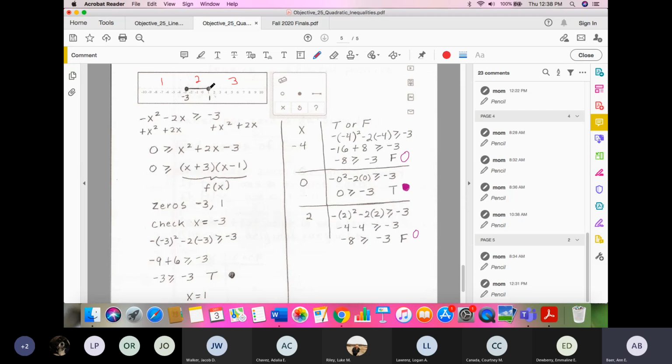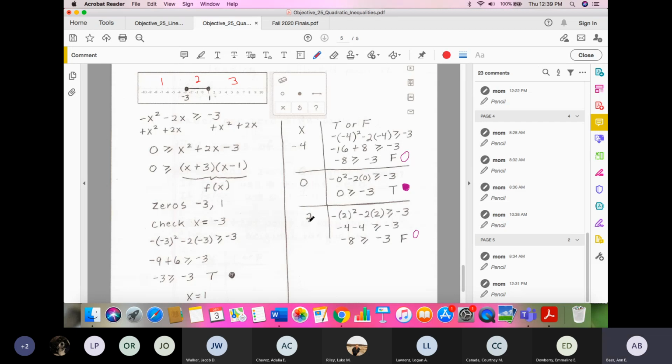We need to pick a number interior to the interval. So let's start over here, going to the left from this colored-in dot: negative 4. I put negative 4 for a test point in this interval. This interval here contains 0, so I put 0 here. Right here, 2.